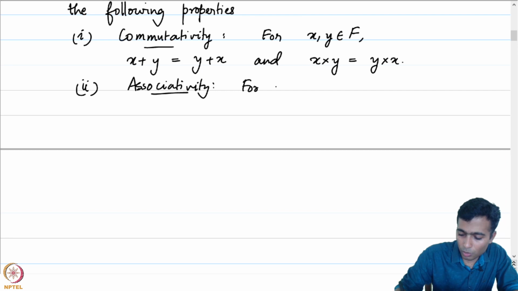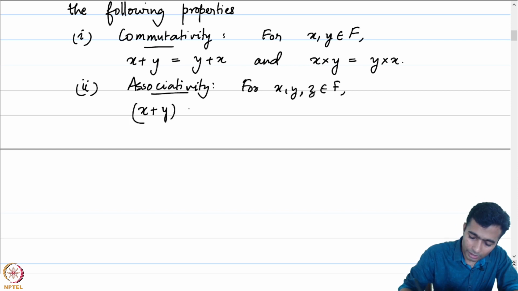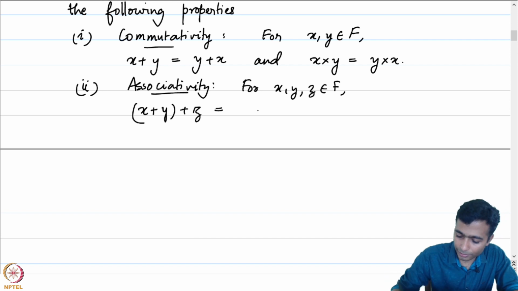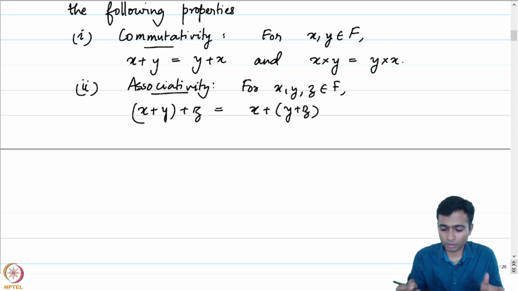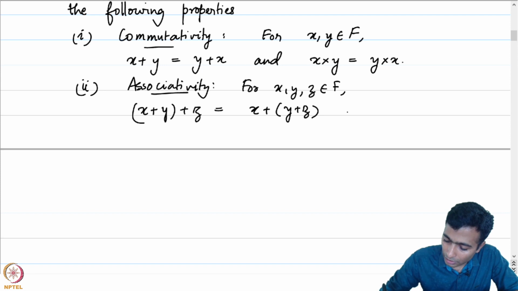So for x, y, z in F, x plus y, if you add them first and then add it to z, this is going to be equal to x plus the sum of y and z. Which two elements you add first shouldn't affect the final result.